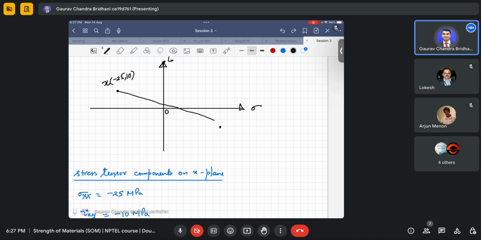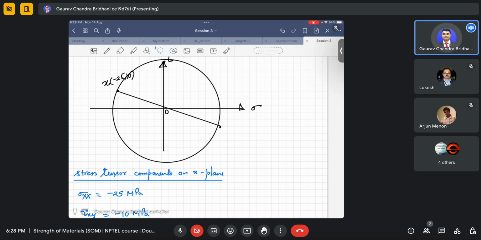Okay, so now if we just join these 2 points, something like this, we now need to just draw a circle which passes through these 2 points, something like this.